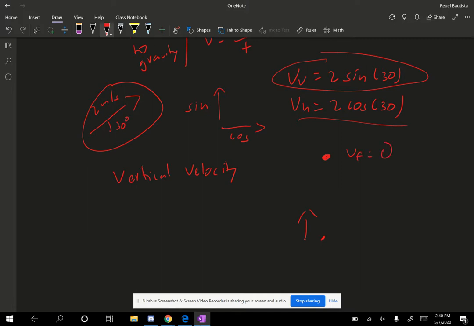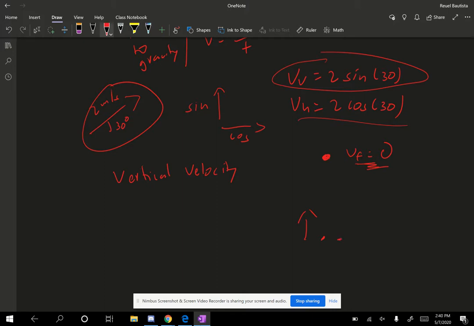We give it an initial velocity when we throw something up, and it's going to slow down, slow down, slow down until it hits the top, where we'll have a vertical velocity of 0. This is because gravity is slowing it down. And then when it reaches the top and is going down, it's going to speed up, speed up until it hits the ground or wherever you threw it from.